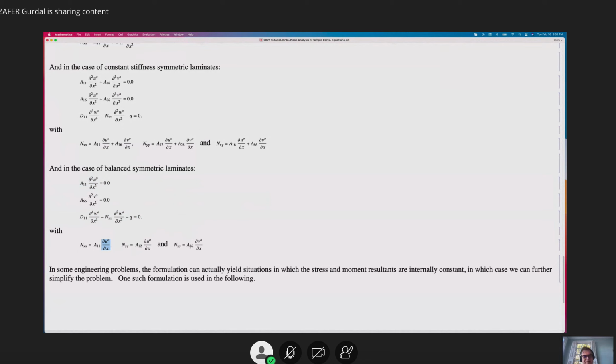So this is the cylindrical bending. It's a limited problem where we are taking a laminate and bending it into a cylindrical form like this. This is what we're going to be solving.